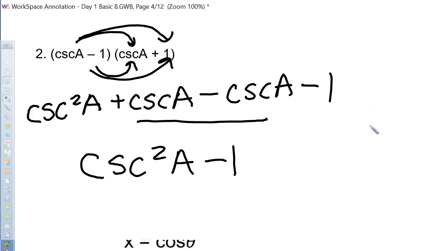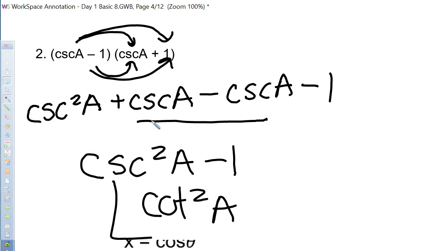So that gives me cotangent squared is equal to cosecant squared minus 1. So instead of cosecant squared minus 1, what do I put? Cotangent squared of angle A. So make sure you have the angle A after the square. So square first, then the angle.